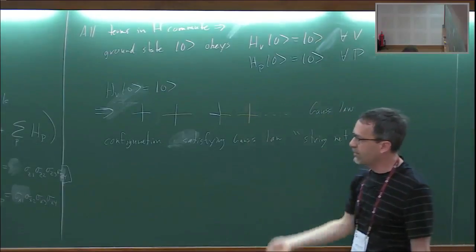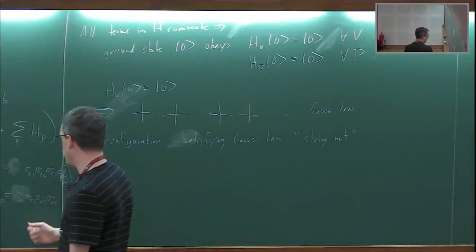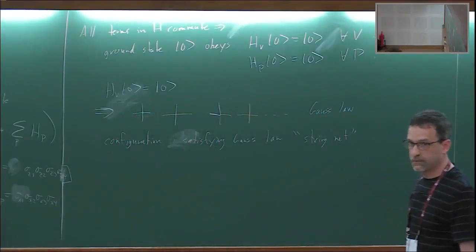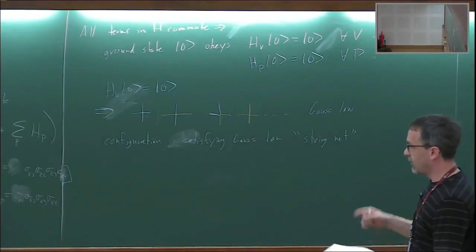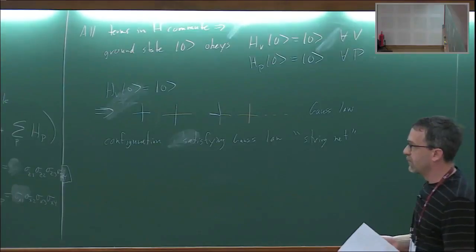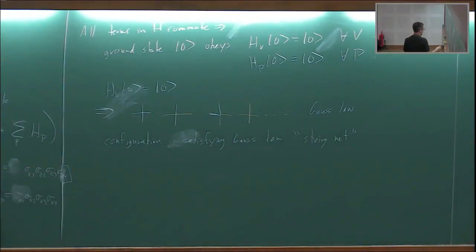And what does the plaquette operator do to a string net? Well, it flips all four flux units around this plaquette. So if you have something that's going along like this, for example, it'll delete these fluxes and move it over here. So it takes a string net and gives you a different string net. If you had nothing, it would create a little loop of flux.